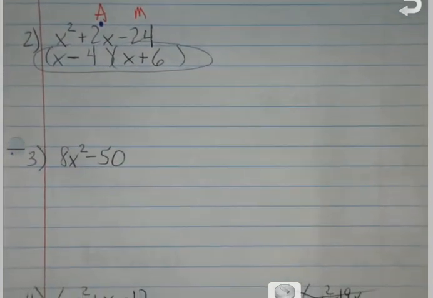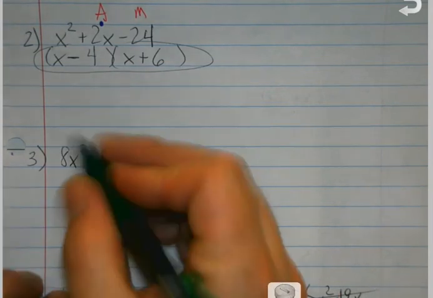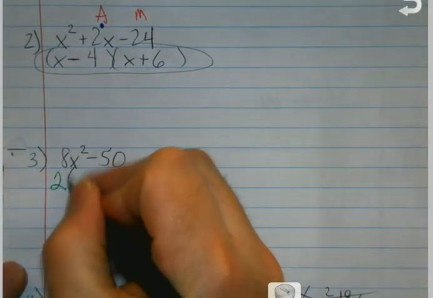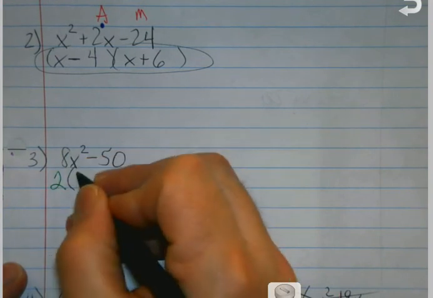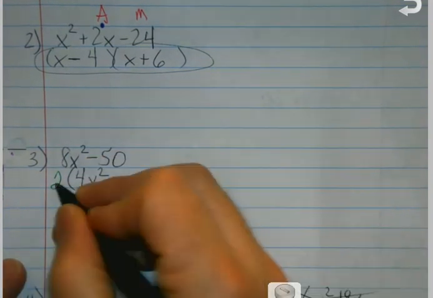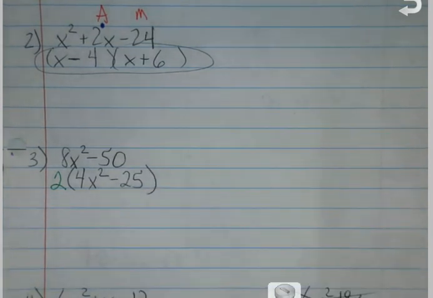Okay, 3. Now we'll start getting a little more interesting. Anything in common? Anything that's divisible into both of those? 2, okay. So if I take out the 2, 2 times 4 would get me to 8. 2 times 25 would get me to 50.